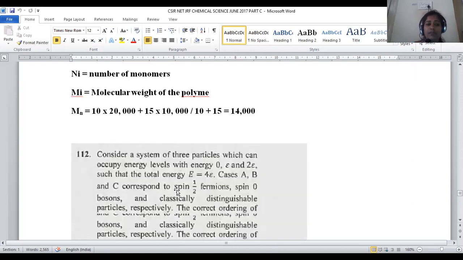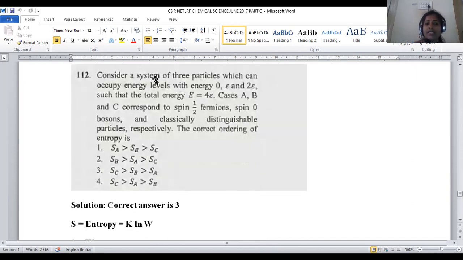Let us move on to question number 112. Consider a system of 3 particles which can occupy energy levels with energy 0, epsilon and 2 epsilon such that total energy E is given as 4 epsilon. Cases A, B, C correspond to spin 1 by 2 Fermi ions, spin 0 bosons and classically distinguishable particles respectively.